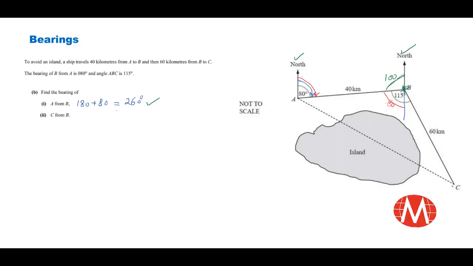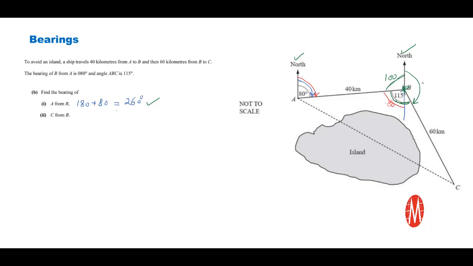And the bearing of C from B will be this much angle. This is the bearing of C from B. To find this angle, you can observe here, this total angle is 360. From this 360, we will subtract this 115 and 100, that is 215.